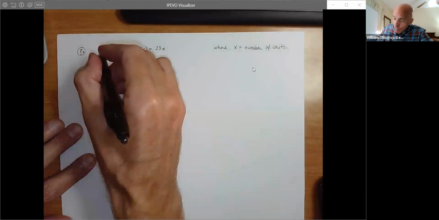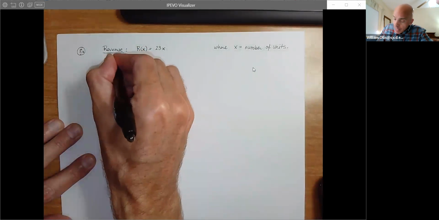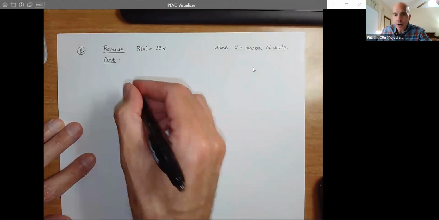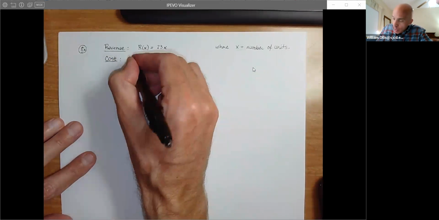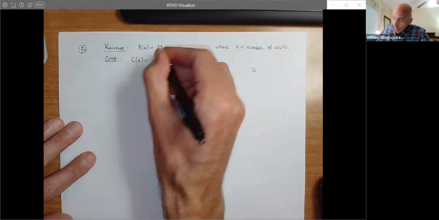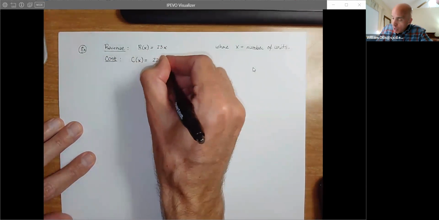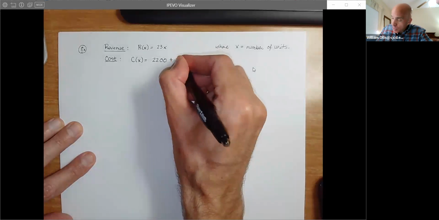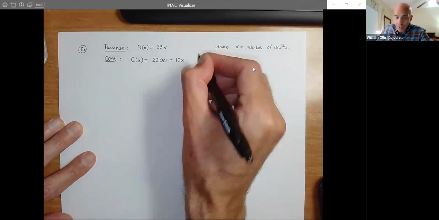And in the second part of the problem, they define the cost. Again, these are functions, but now we're just thinking of them as labels. So we have cost, and that's equal to a fixed cost of 2,200 plus 10x.